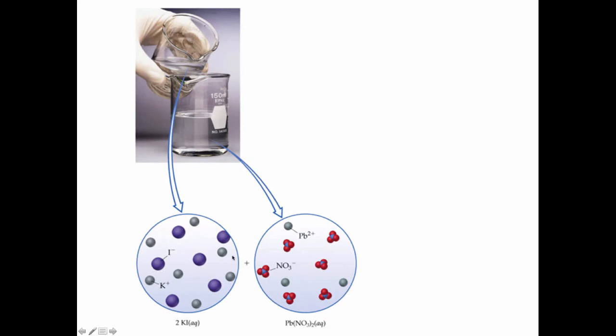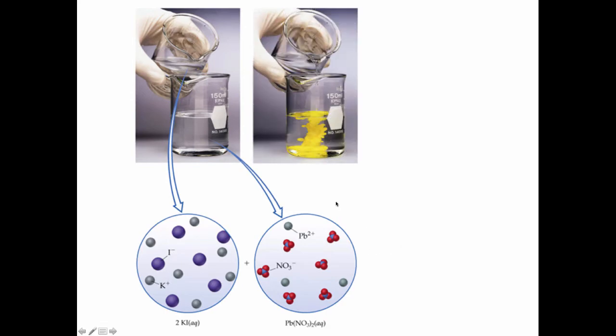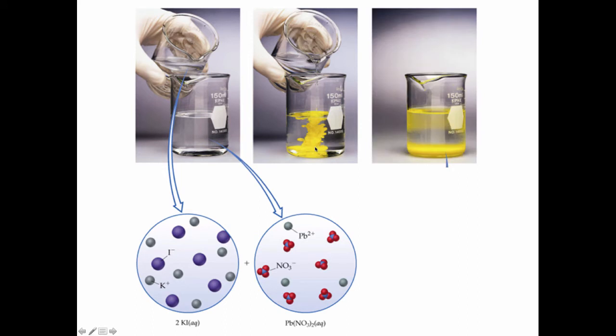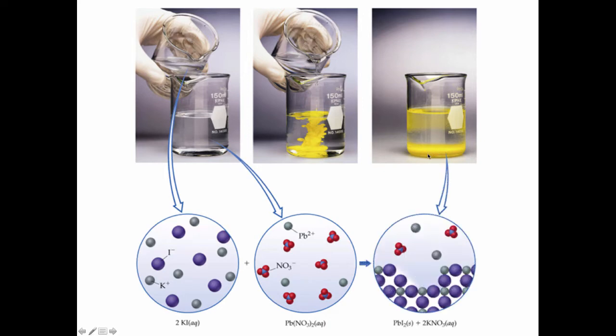And when those are poured together, a thick, bright yellow solid material appears, and if we wait a little while, that material settles to the bottom of our beaker. So we form a solid yellow substance, which is in fact lead 2 iodide.